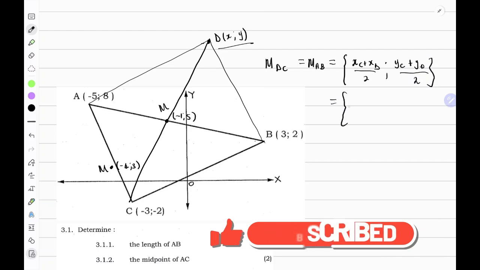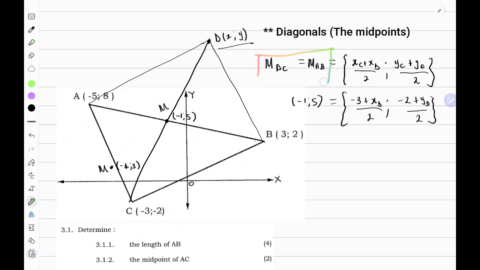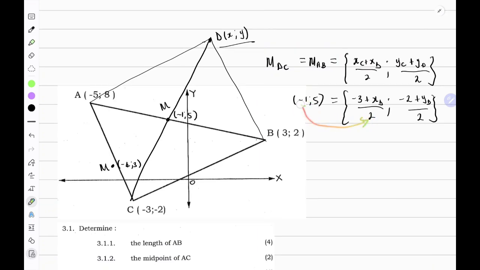So now we can substitute: XC is negative 3, plus XD over 2, and YC is negative 2, plus YD over 2. And since we've already established the midpoint to be negative 1 and 5, and since these two diagonals share the same midpoint, it implies that their coordinates are also equal. So we can equate the x coordinates and the y coordinates to find XD and YD.